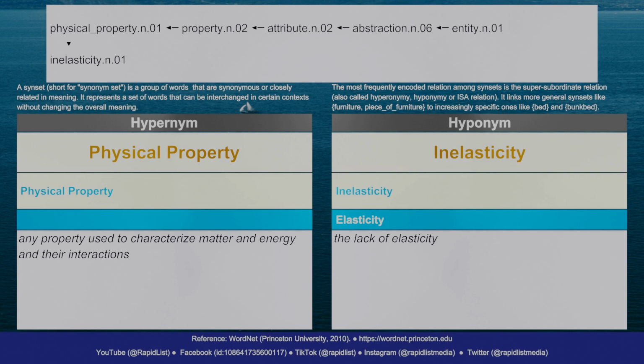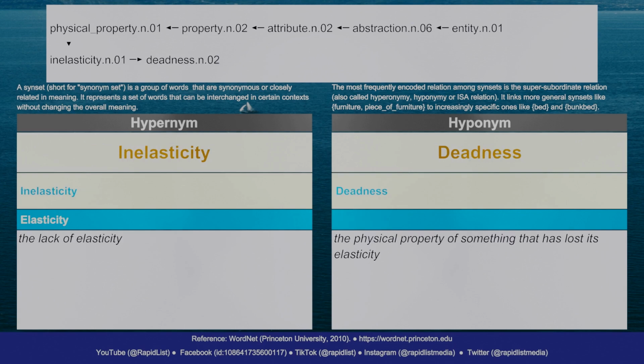The lack of elasticity. Deadness. The physical property of something that has lost its elasticity. He objected to the deadness of the tennis balls.